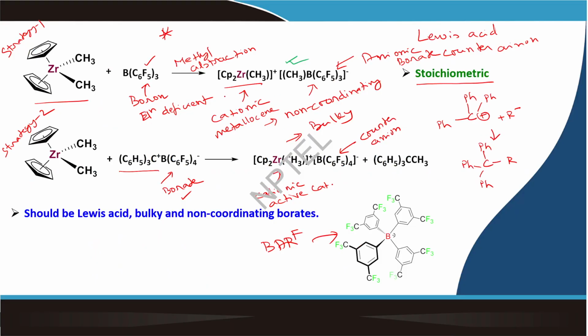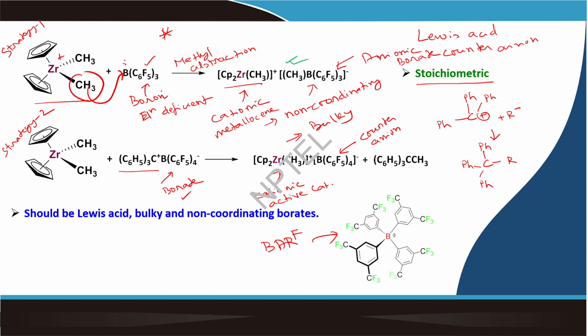One of the CH3 groups is transferred to the boron, as it is a Lewis acid. So you now have zirconium plus, cationic, and this anionic boron. In that way, two counterparts are there: the cationic metal and the anionic Lewis acid. This is the initiation step. Obviously, stoichiometric amounts of these two are needed.